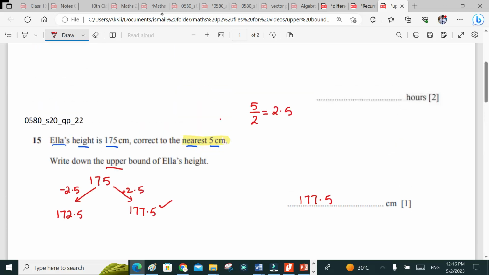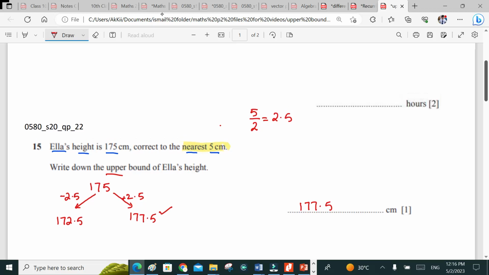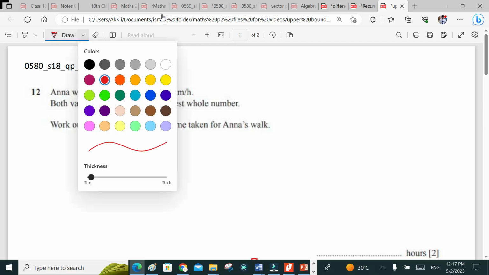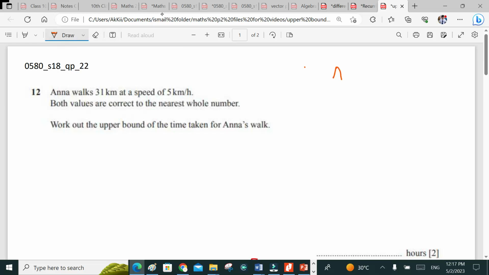Now it becomes a little complicated some of the times when this type of question appears. Always remember one fact: if A is divided by B, the answer of this whole fraction will be smallest if A is smallest and B is the largest.